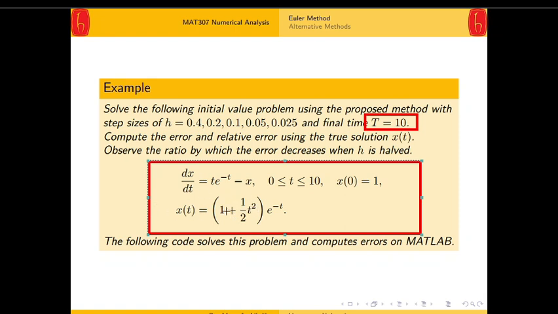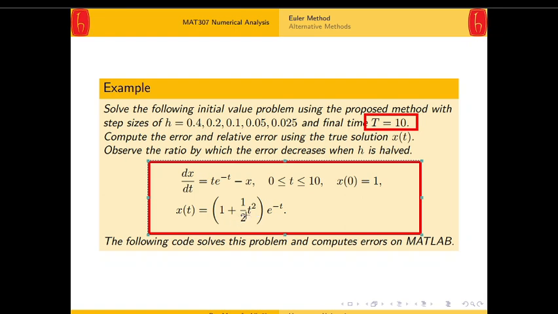So this is the true solution. We use all this information. We indeed have the analytical solution here, but we just try to solve this ODE numerically, and then use this exact solution to find an error for the method itself.